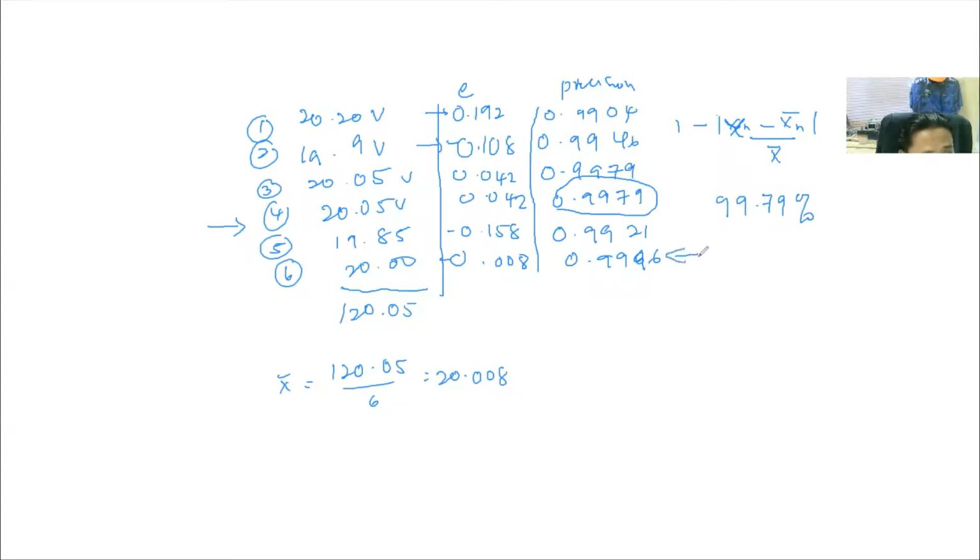The 6th measurement is more precise because it is almost 1. That is for question number 4. Right, so we go for the next question.